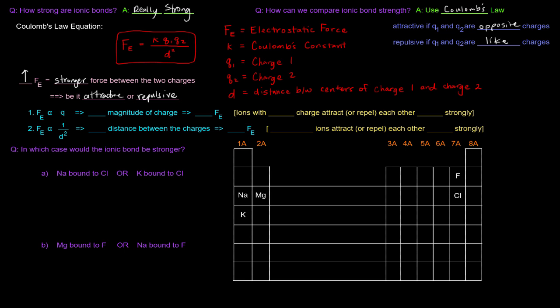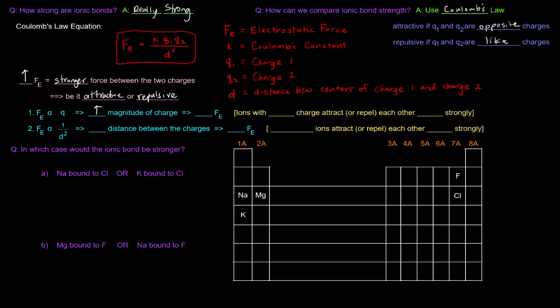Okay. So what we should notice is that the electrostatic force is proportional to Q, right? So Q is basically the magnitude of each charge. So if we have an increase in the magnitude of charge, that's going to make this number bigger. If that number is bigger, then the electrostatic force is bigger.